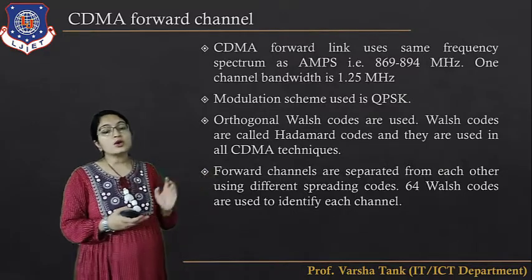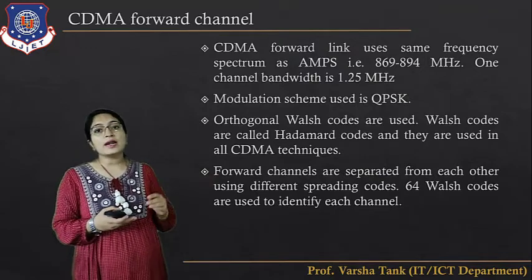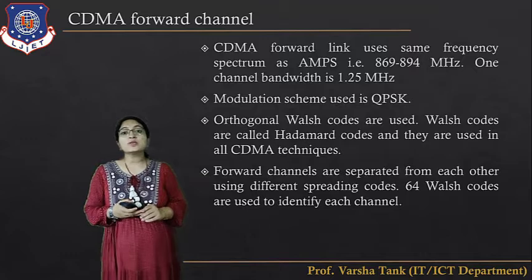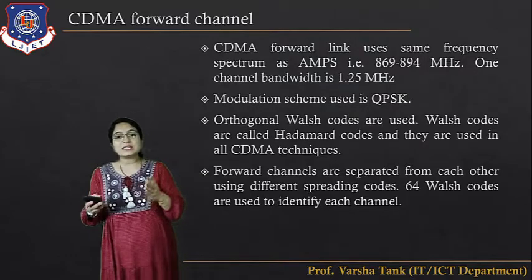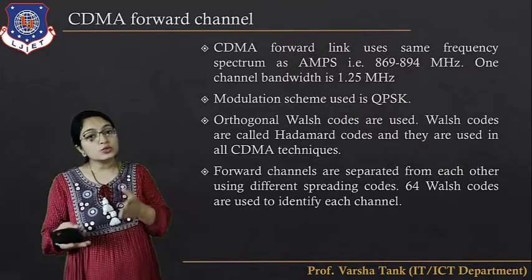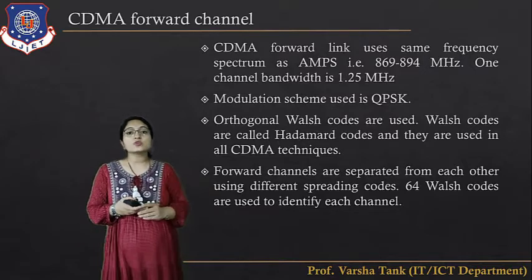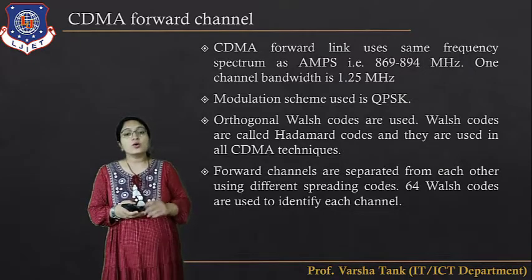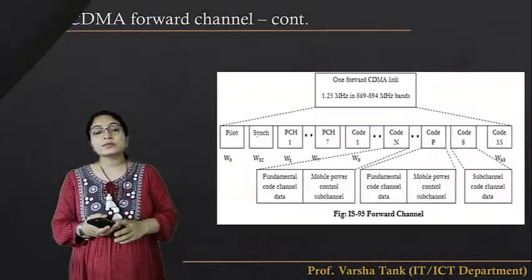Orthogonal Walsh codes are also used in this. Walsh codes, also known as Hadamard codes, are used in CDMA techniques. Forward channels are separated from each other using different spreading codes. For example, 64 Walsh codes are used to identify each channel. So different Walsh codes are used to identify the different channels.